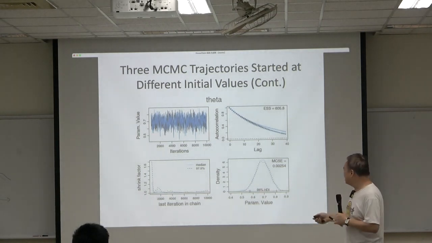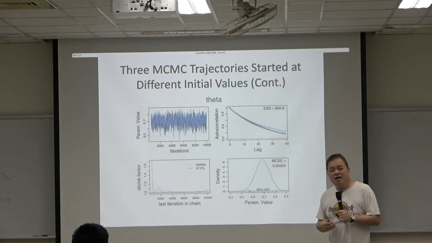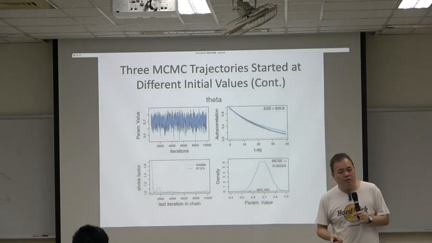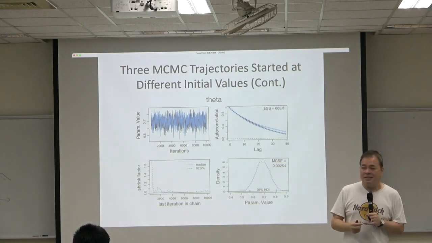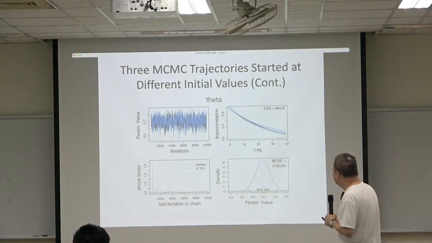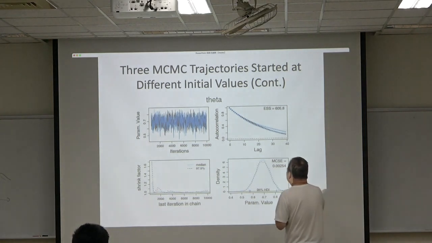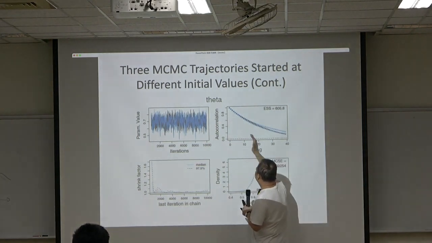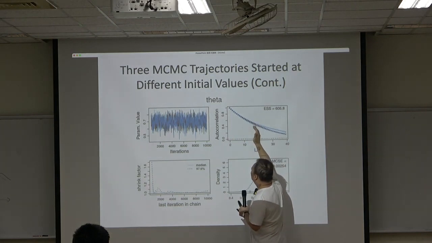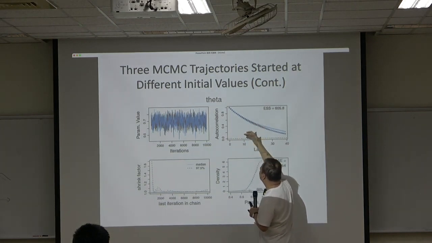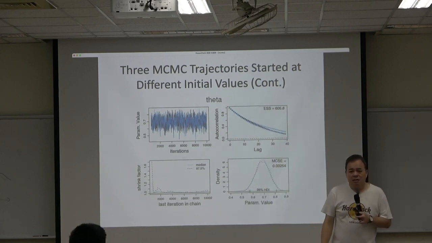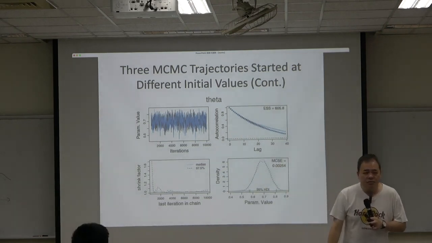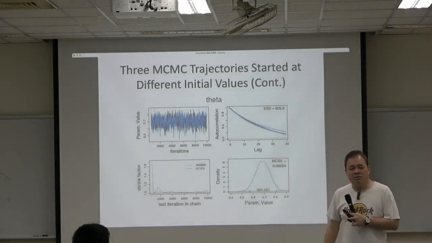But the other clue is to look at the statistical values, for example autocorrelation. You can see that even at around lag 20, the autocorrelation for these chains is still higher than 0.4. So it's really not that good.